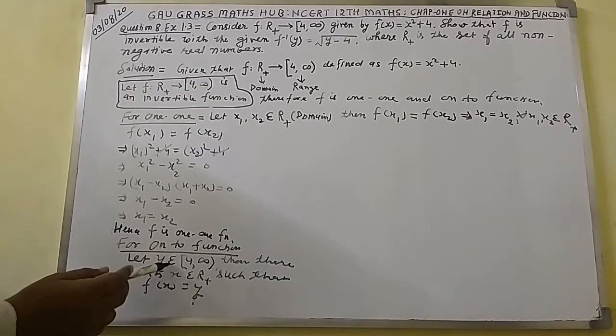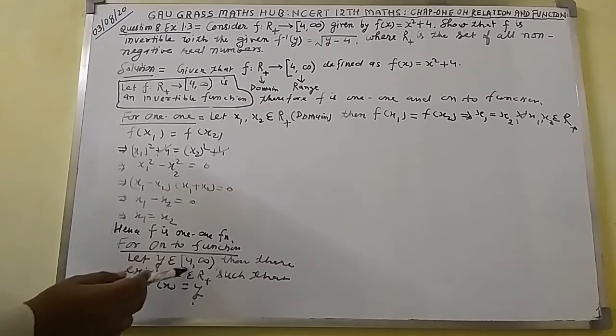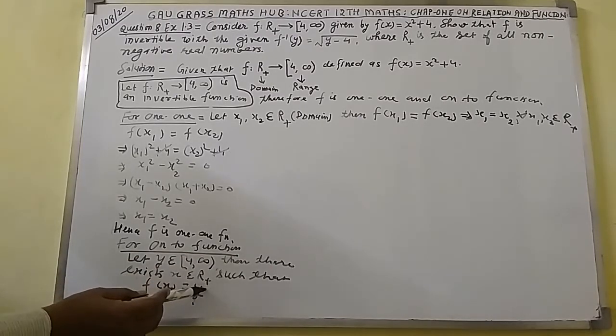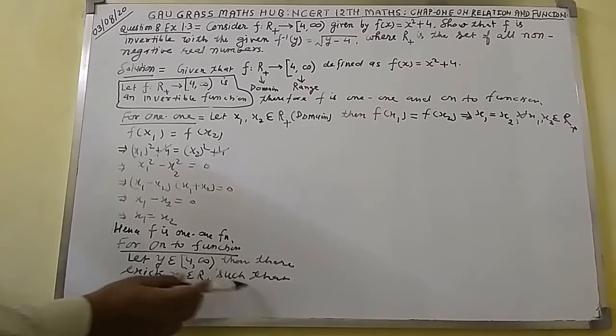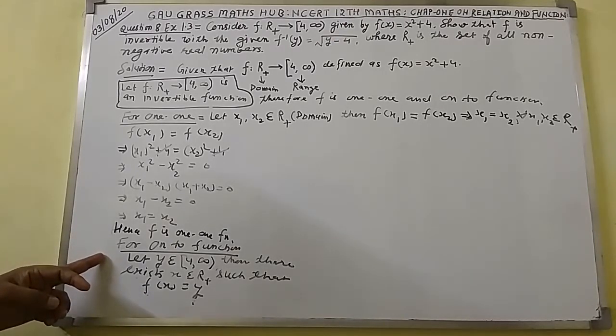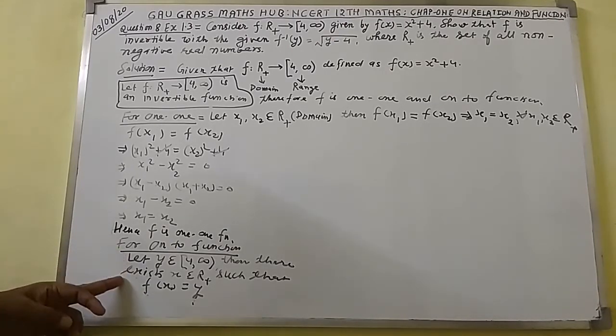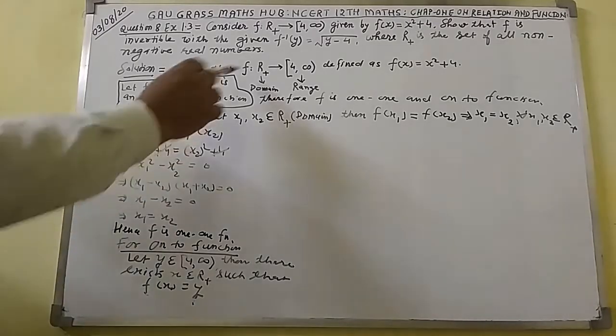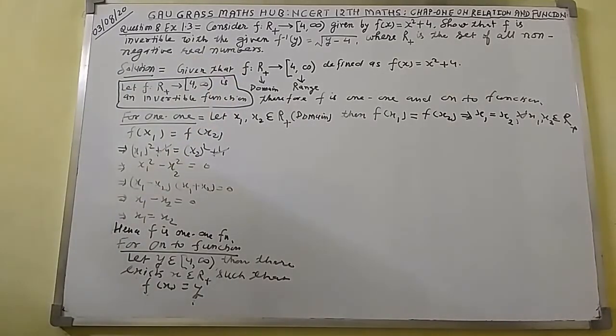Let y belong to the closed interval 4 comma infinity open interval. Then there exists x belong to the set of positive real numbers, that is the domain, such that f(x) is equal to y. In all cases, you will write like this in order to prove this function as onto.